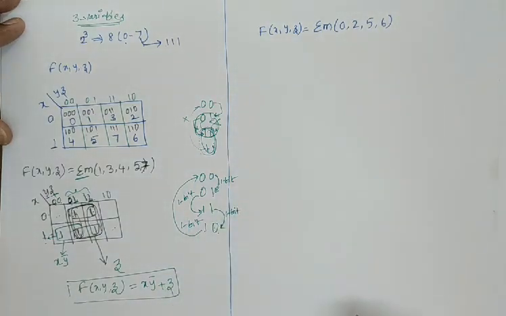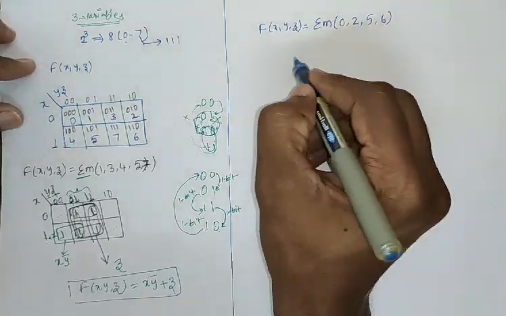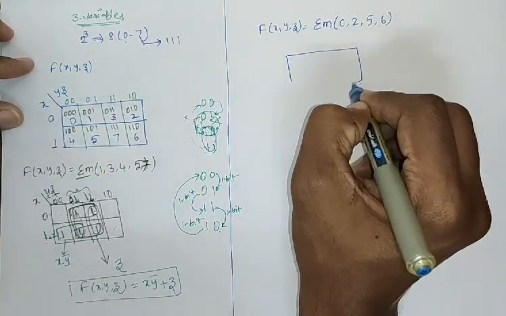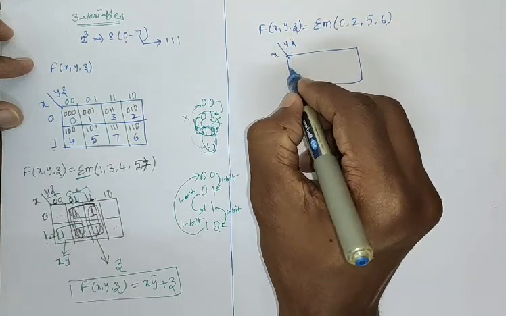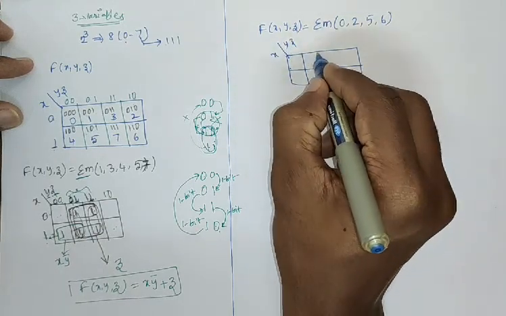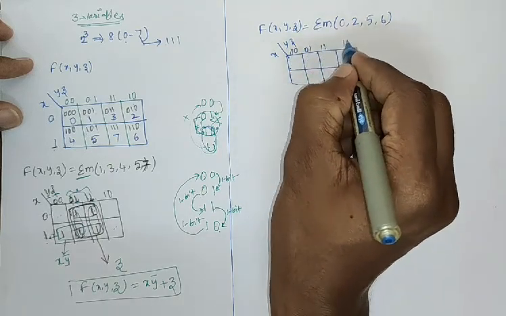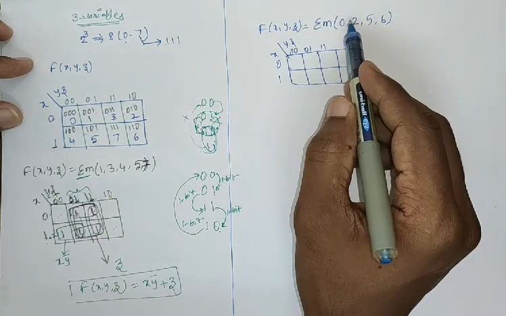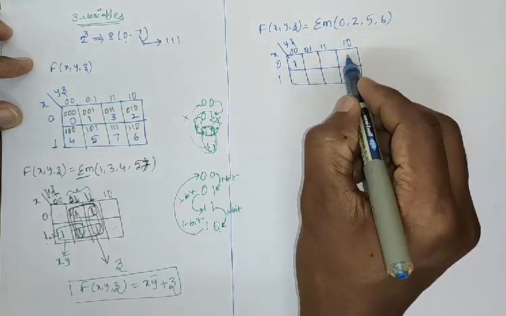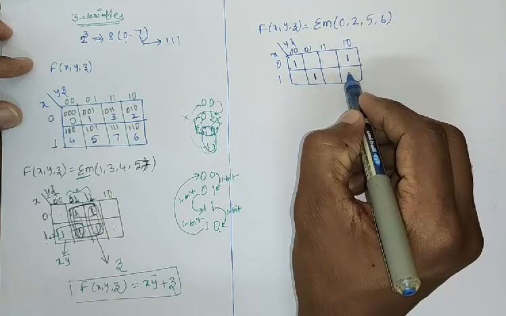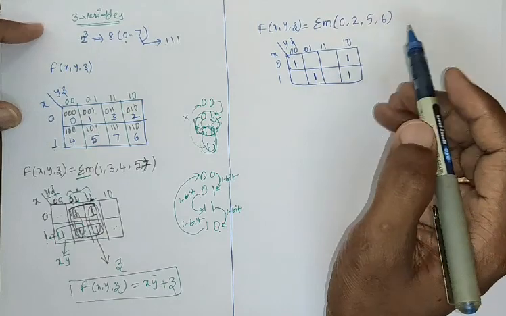Okay, so we'll see here again the same K map representation, x y z input variables. Here 0 0, 0 1, 1 1, 1 0, and 0, 1. So first we have to place the given min terms. So 0 position, next 2, 5, 6.